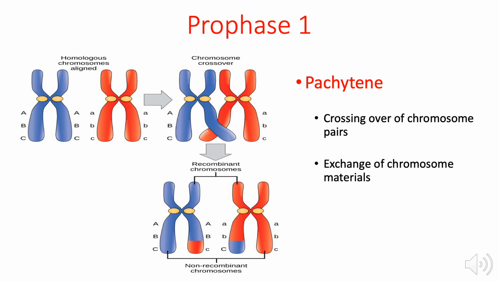That's why after the completion of pachytene, you can see that the chromosome number 8 that was inherited from the father will have a small portion derived from the chromosome number 8 that was inherited from the mother. So if these chromosomes are pulled towards the opposite sides, the daughter cells will have a chance of getting the traits from the other homologous chromosome or pair.